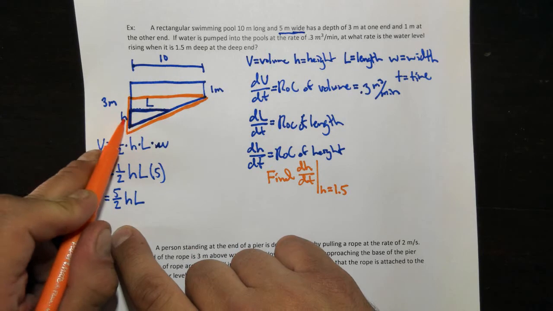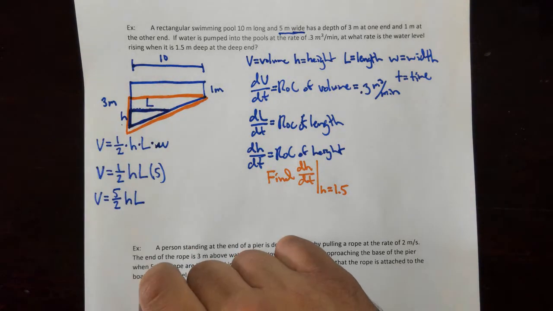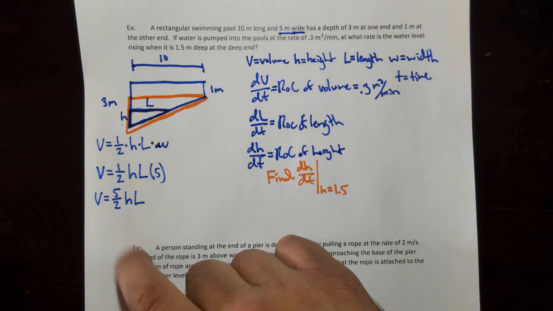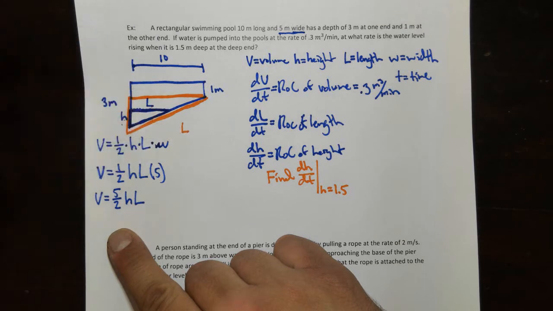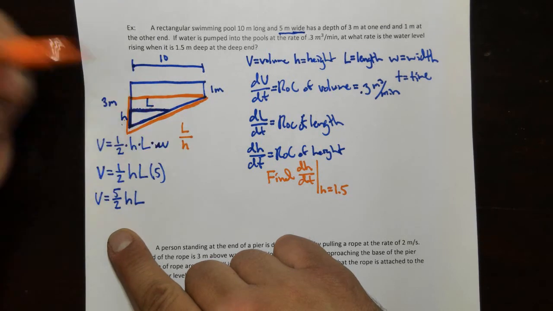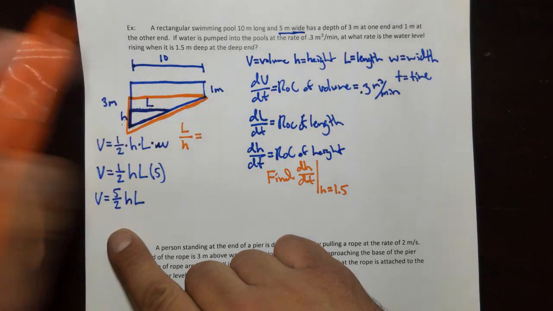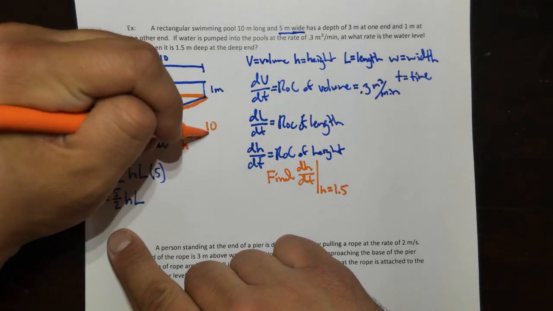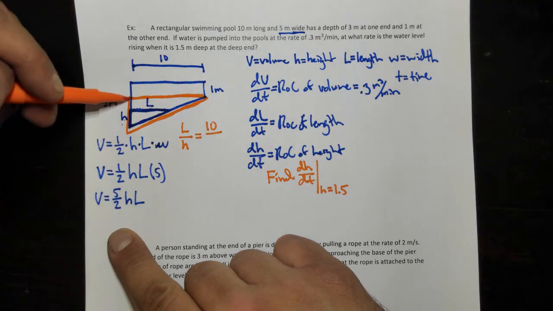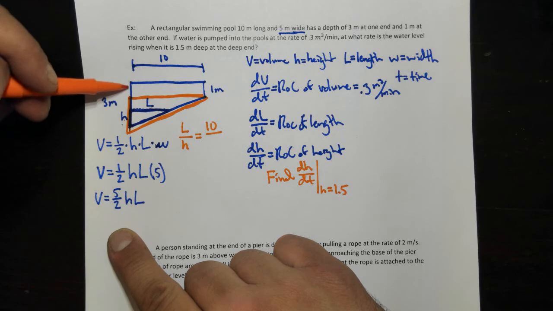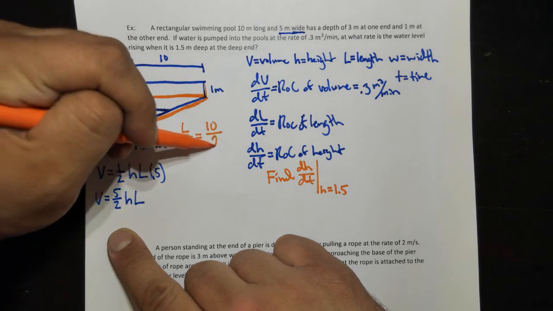We could say one side is to another side as one side is to the other, but they need to be related, right? So I can say L is to H. So the length of my small triangle divided by the height of my small triangle is equal to the length of my big triangle divided by the height of my big triangle, which is going to be 2 actually. Not 3, because 3 is all the way to the top, but we need to subtract this 1 from it, so it's just going to be 2.